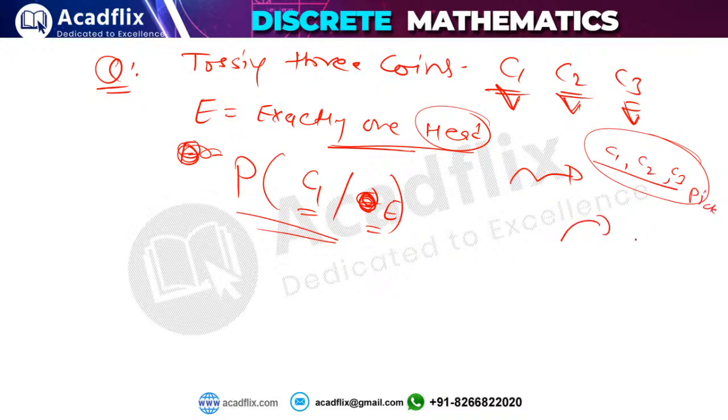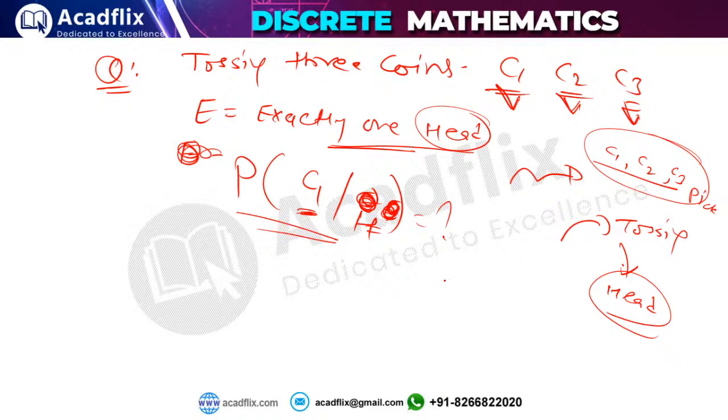After tossing, let's assume head comes. So we know that head has come. Now our question is, what is the probability that this head came on C1? Basically, what is the probability that you have chosen C1 given that this head has come? Okay, this is the question.